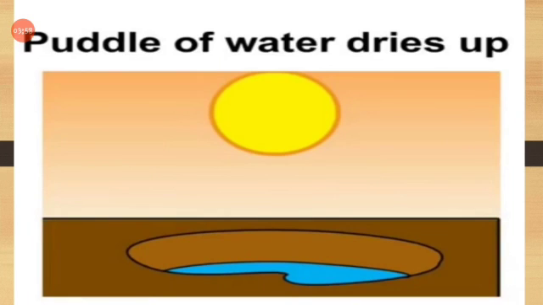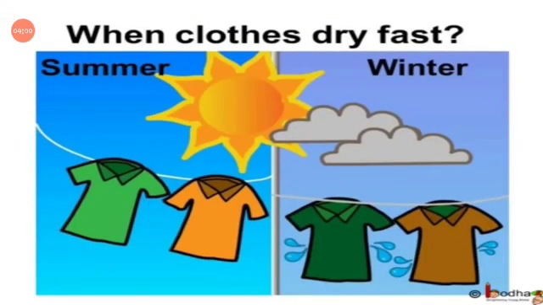Do you know why wet clothes dry faster in the summer season than in the winter season? It's because evaporation is faster due to the high temperature during summer. Now you understand the first process.